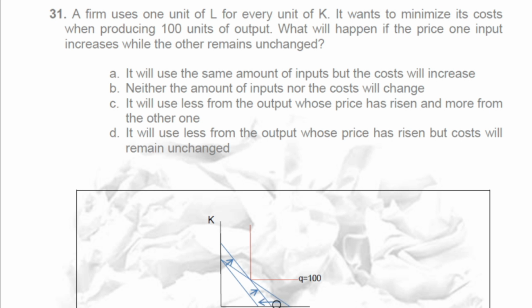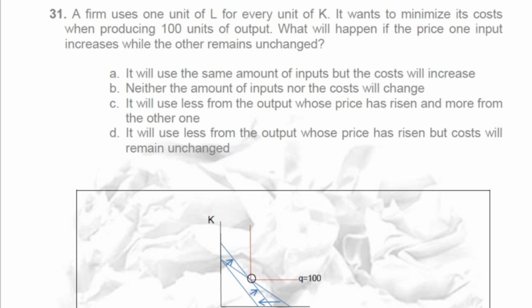Then let's suppose that initially the optimal isocost line is this one. Isocost lines would come here, parallel, and touch for the first time the isoquant here.